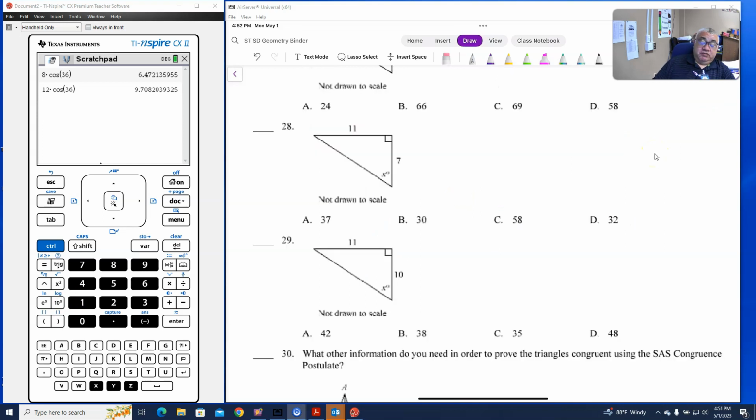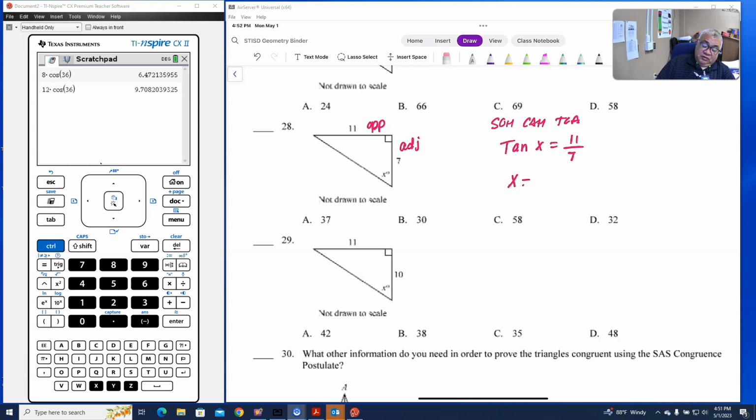For number 28, we have to find the angle. We do know that we have the adjacent and the opposite. So we have SOH CAH TOA, and opposite and adjacent is tangent. So the tangent of x is the ratio of the opposite, which is 11, over the adjacent, which is 7.